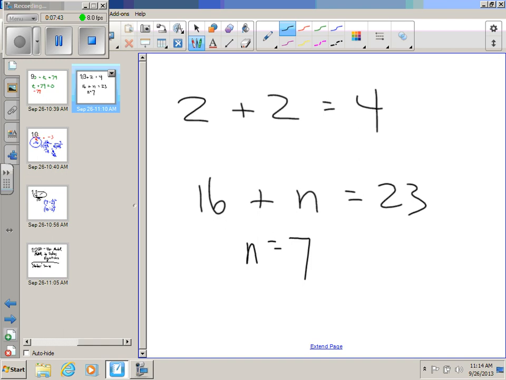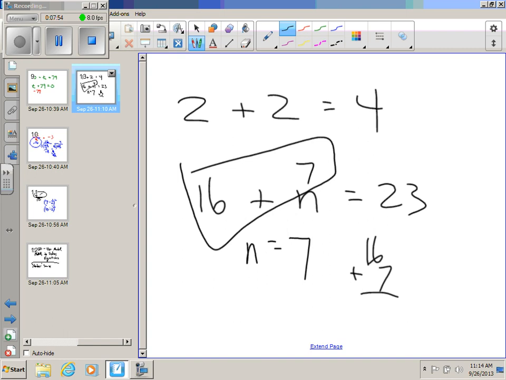If you're saying that n is equal to 7, then add those together. 16 plus 7 is 23. So your solution ends up being 7. That's a great thing about equations. There's always a way to check them. If you don't like getting anything wrong, equations are right up your alley, because all it takes is a little bit of effort, a little bit of extra time, and you're set.